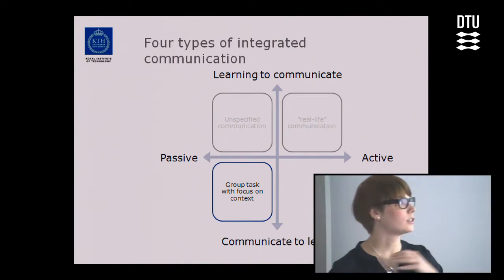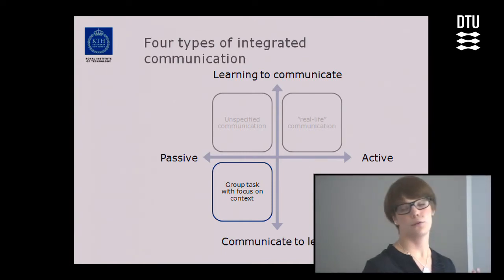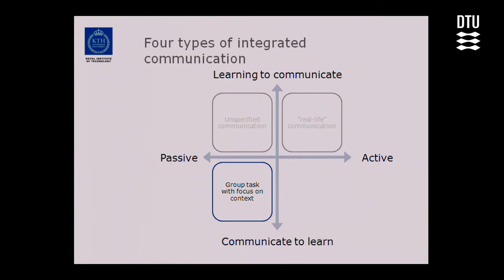The passive communicate to learn, I have illustrated with group tasks, with focus on the contents. You give your student a home assignment, and they can work together with it. Then they communicate a lot to solve the problem, but we maybe don't think it's a way to train them to communicate, and they use communication for learning.